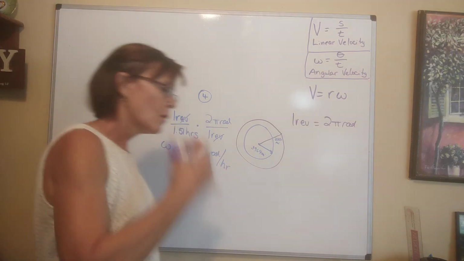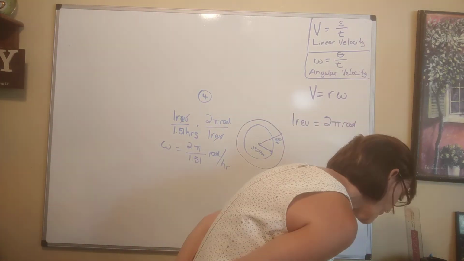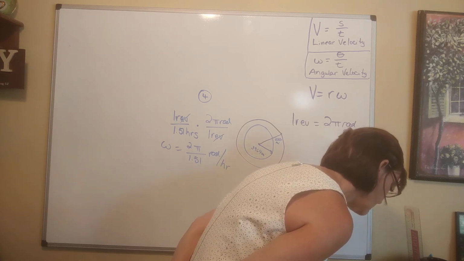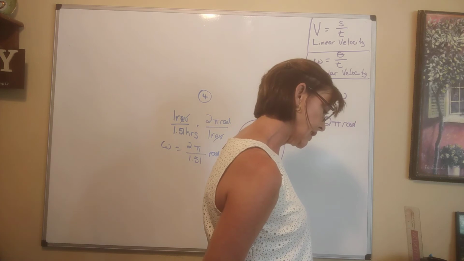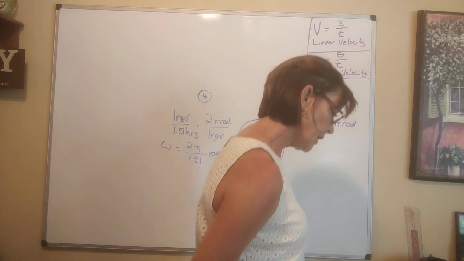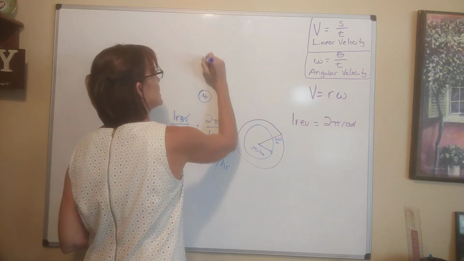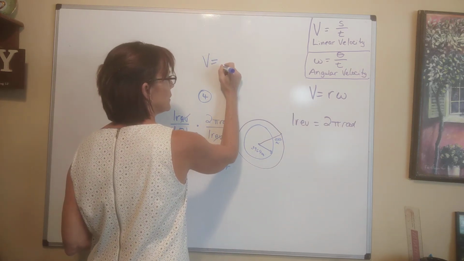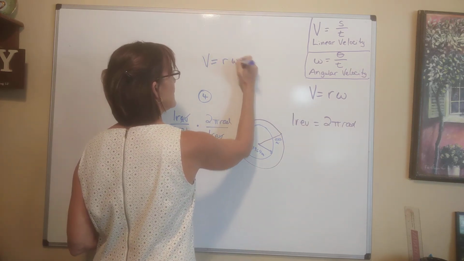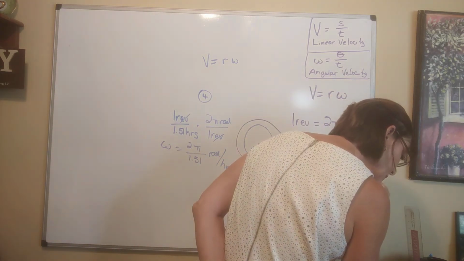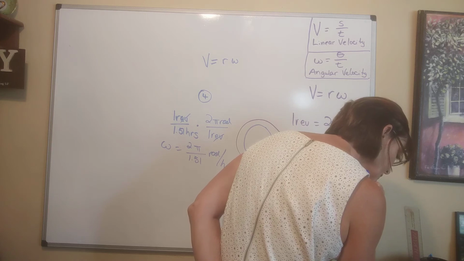Now, what did they ask me to find? They asked me to find the linear velocity of the shuttle in miles per hour. The linear velocity is equal to r times omega, and they wanted it in miles per hour.